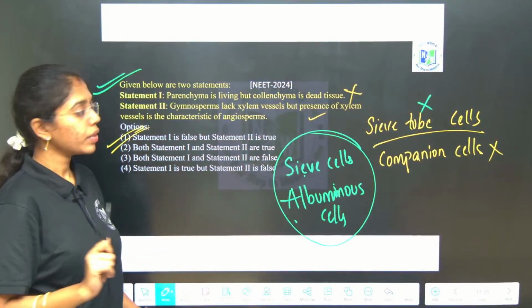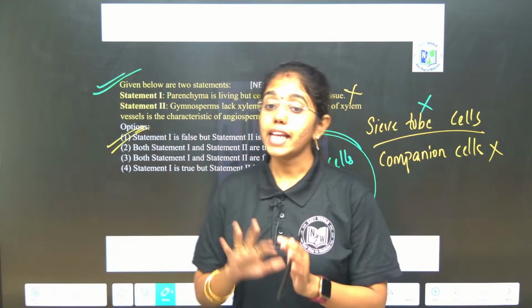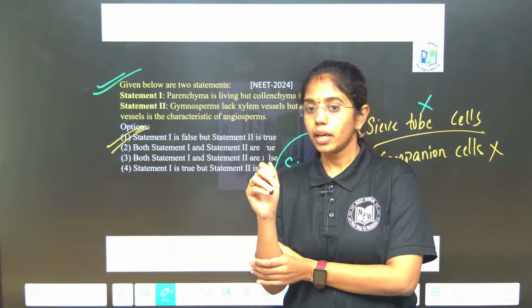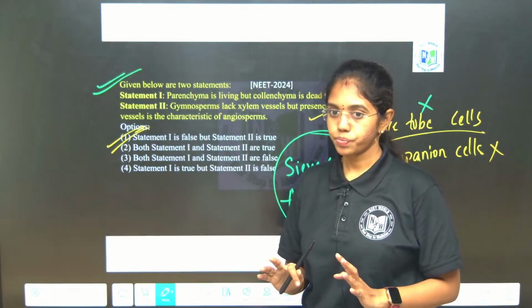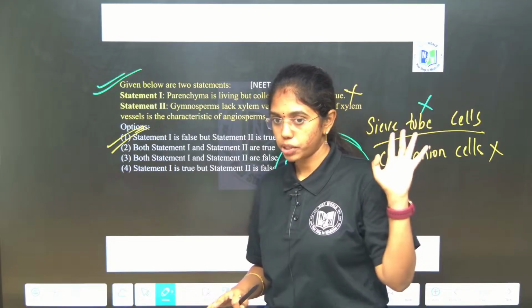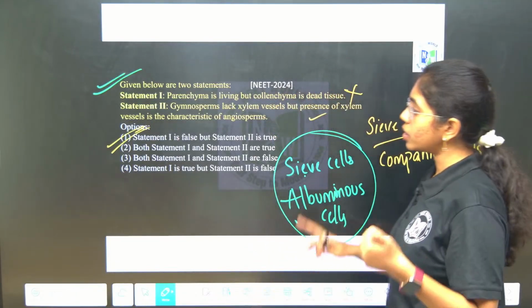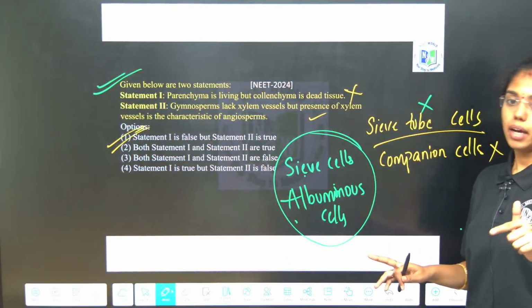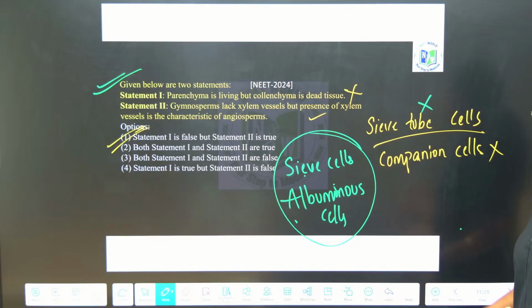And one more thing to clear, secondary growth happens in dicots. Dicots, class of angiosperm, secondary growth happens. Even in gymnosperm, secondary growth occurs. Only in monocots of angiosperm, secondary growth is absent. Remember, secondary growth occurs in gymnosperms and dicots of angiosperms.